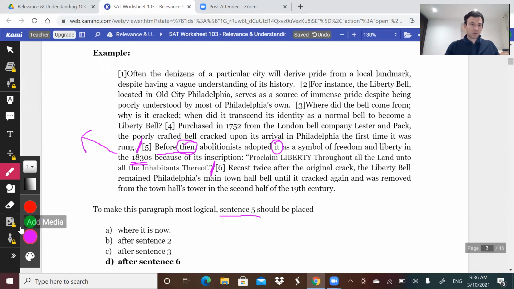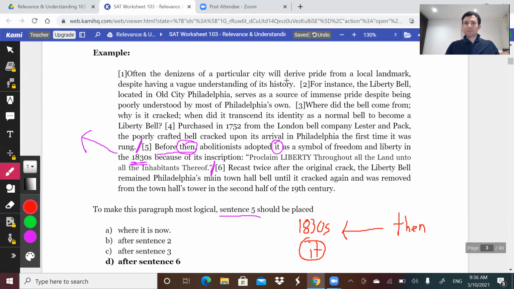We know that it's before sometime, and we have to figure out kind of what it is. I know that seems confusing right now, but let's read the paragraph, and I think everything will come into place.